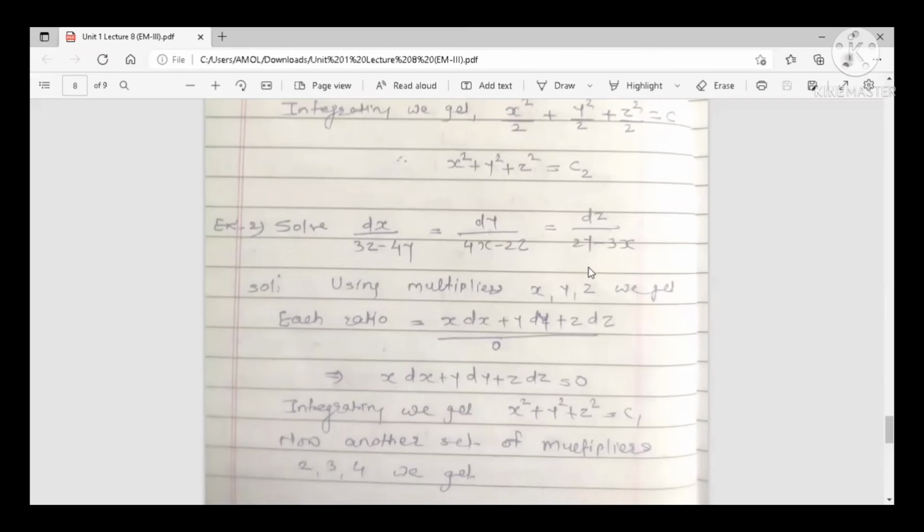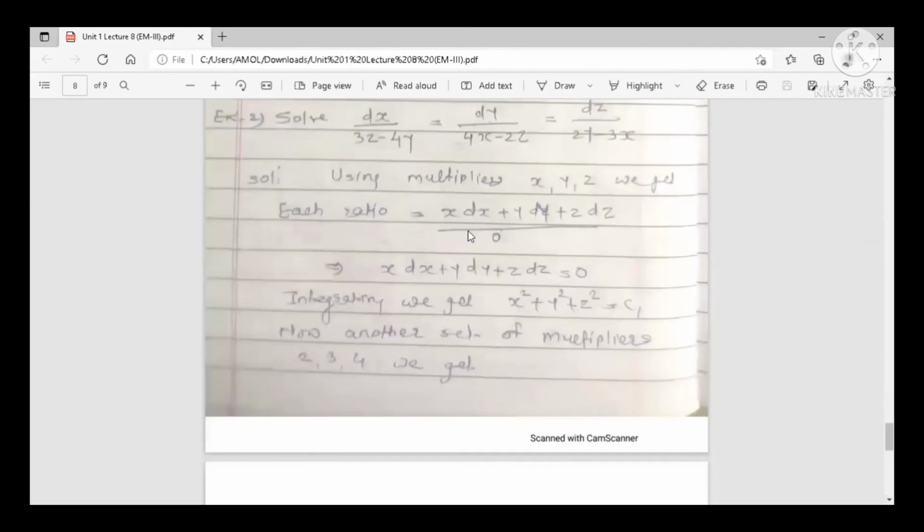If we add all the terms, the value is 0 here. Now the addition of the denominator terms is 0, so you multiply the numerator terms by the same multipliers x, y, z respectively, so that we get x dx plus y dy plus z dz. The denominator is 0, so obviously the numerator term is also 0. x dx plus y dy plus z dz is equal to 0.